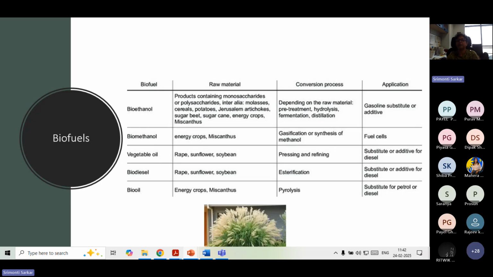For example, bioethanol is used as a gasoline additive or a substituent. You can use biomethanol in fuel cells to generate electricity. And in addition to that, you can get bio oils and vegetable oils, that is biodiesel, for substitutes or addition to diesels.